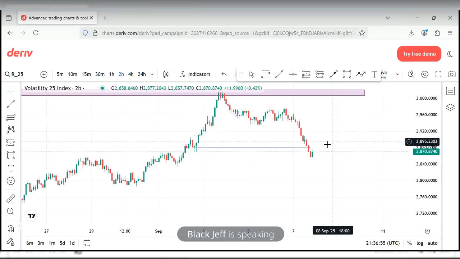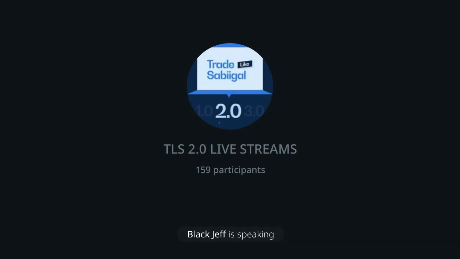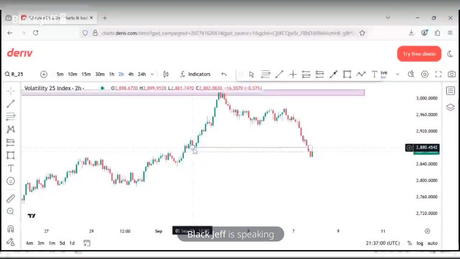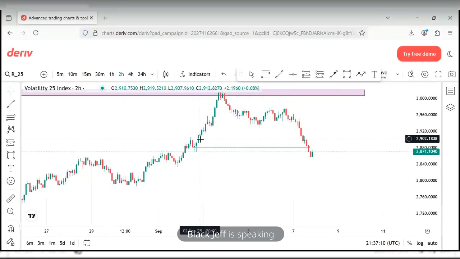Now, let's assume we have these two candles here that form the key level, which is fresh.